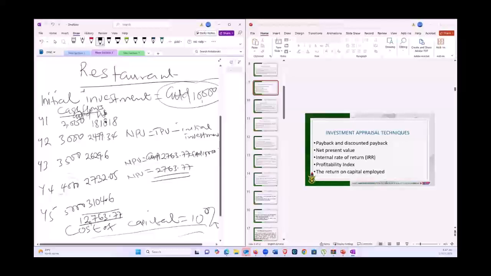I mean the payback, because as an investor, do you go into a business just to think about how long you can get back your initial investment? You want to do something that is sustainable. You don't want to get your money back immediately.